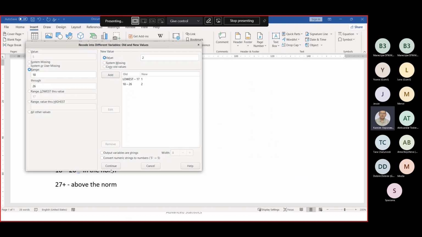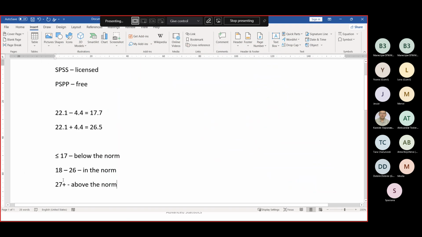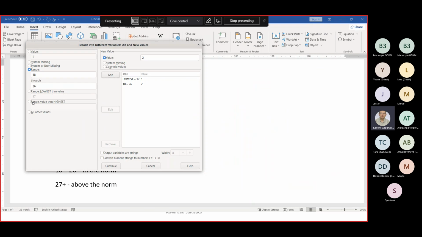And the last interval is above 27. So I will choose here range, value through highest. I will type 27. The new value is 3. And again Add.